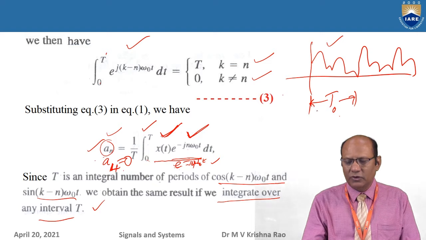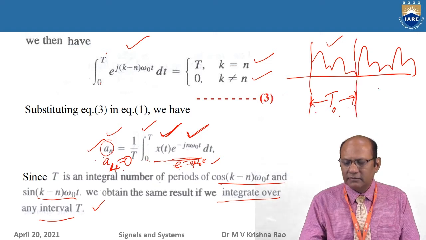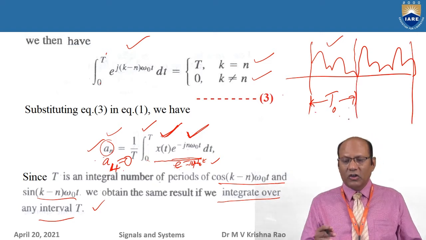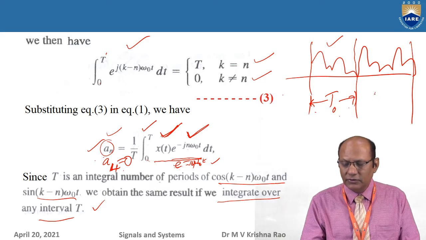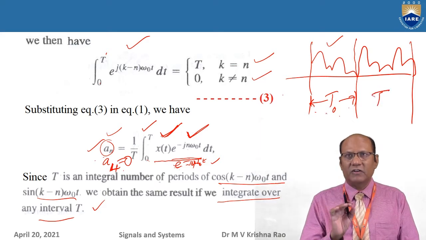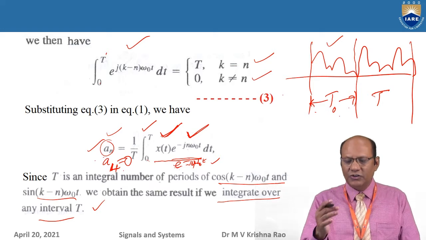Whatever analysis I am doing here, because it is again periodic, this combined signal is also periodic. So I can use some other period. It need not always be the first cycle, need not be between 0 to T.